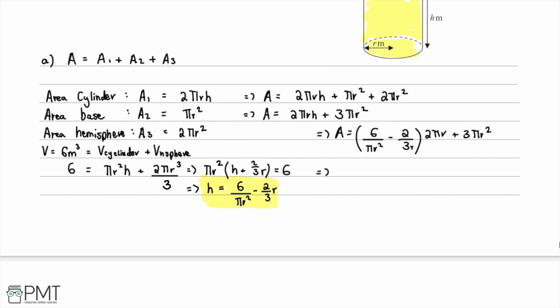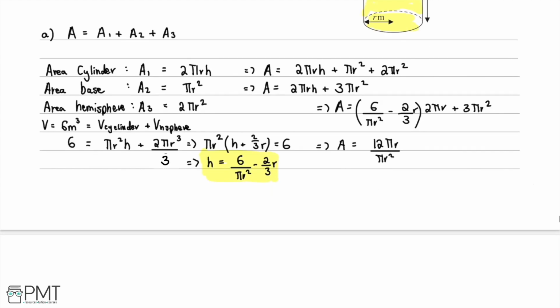Multiplying out these brackets, we'll then have 6 times 2, which is 12 pi r divided by pi r squared, and then we have negative 2 over 3 r multiplied by 2 pi r, which comes out as negative 4 over 3 pi r squared, and then we add on our 3 pi r squared from before.